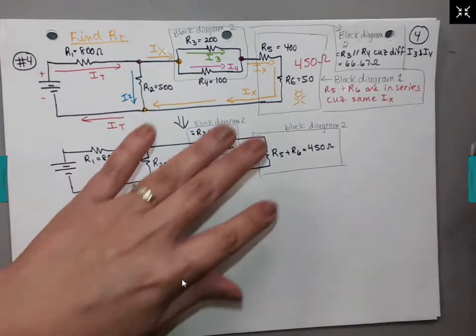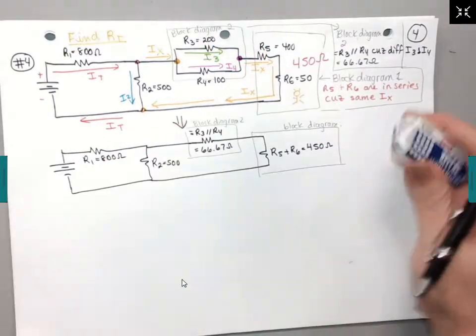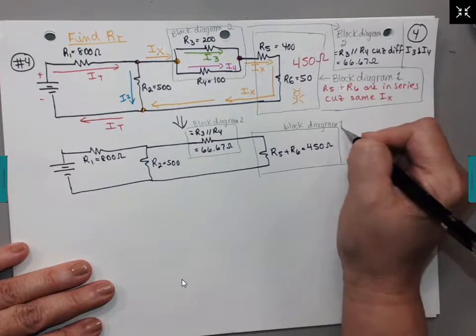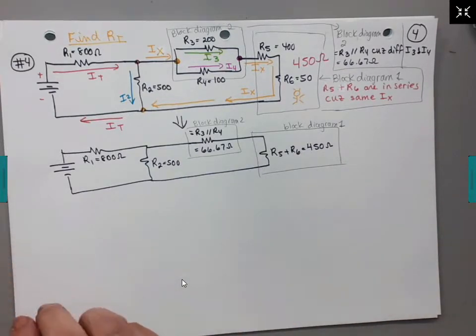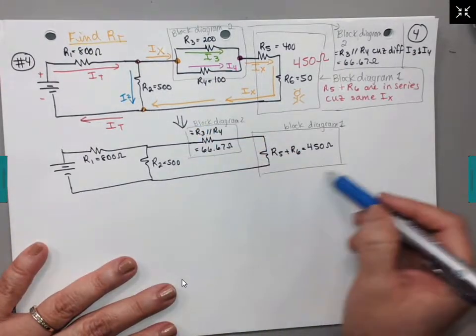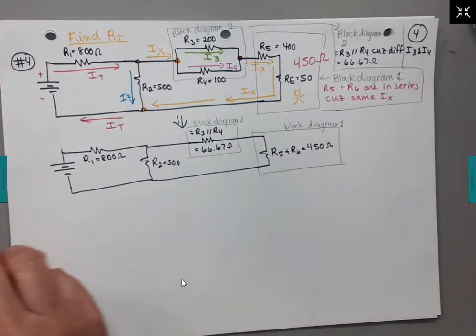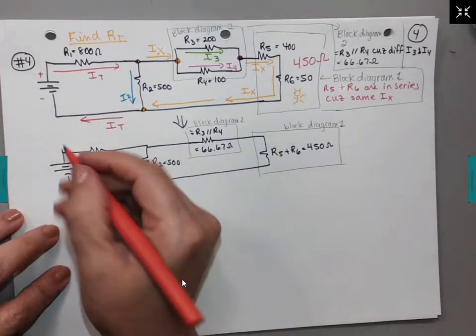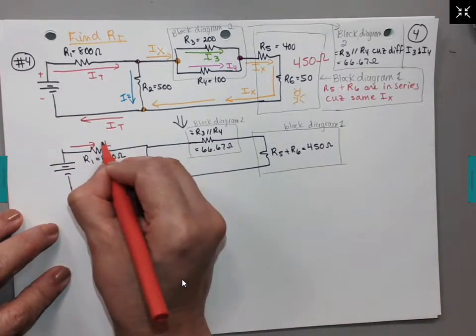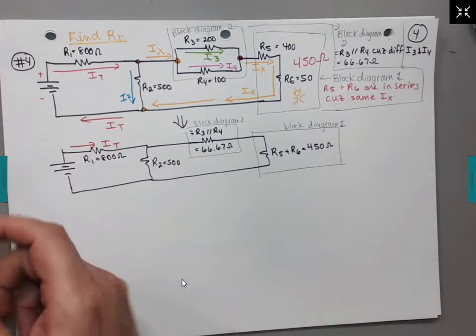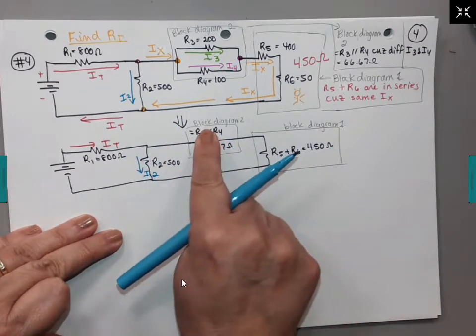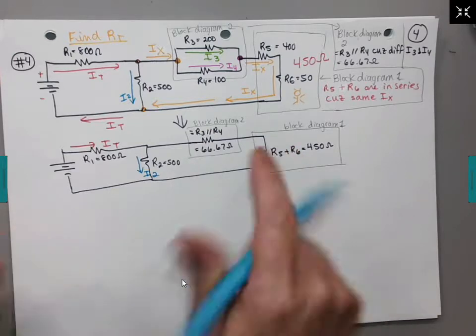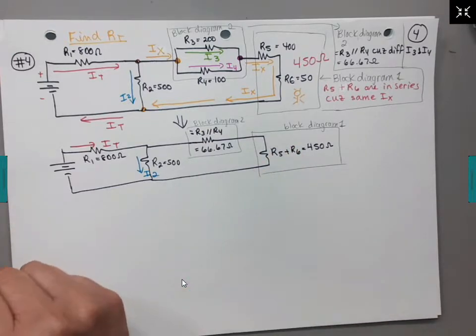So I don't know if you guys like the block diagrams. Some people do, some people don't, so just bear in mind. You could put a bigger block diagram that encompasses both of them, but it's up to you. So anyway, right here is IT. We still have I2. What can you tell me about block diagram 2 and block diagram 1?